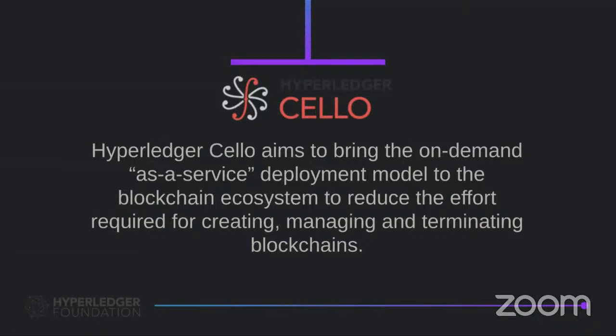Like if you create a solution online, you have a platform where you can go create your blockchain, define your business logic, and manage your blockchain on the cloud. Then once you feel like you have used your solution the way you want to use it, you can terminate it again.